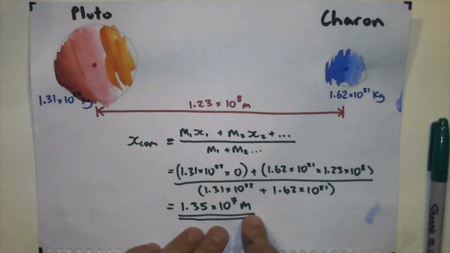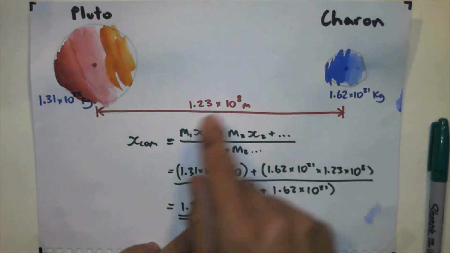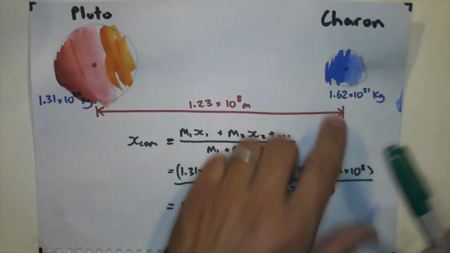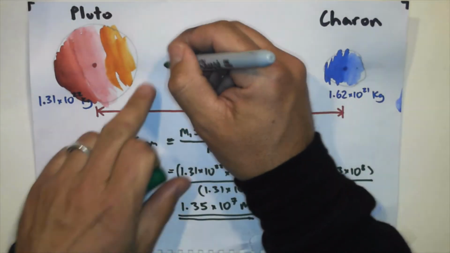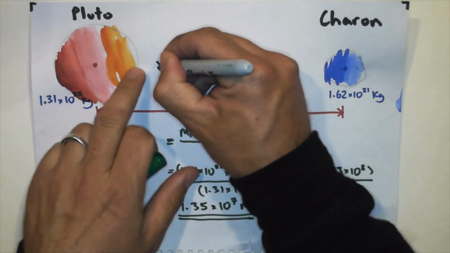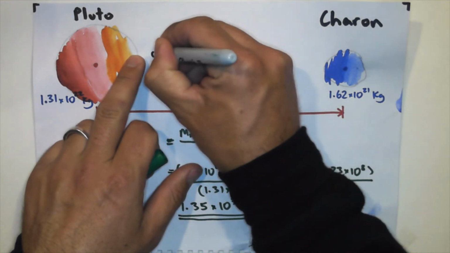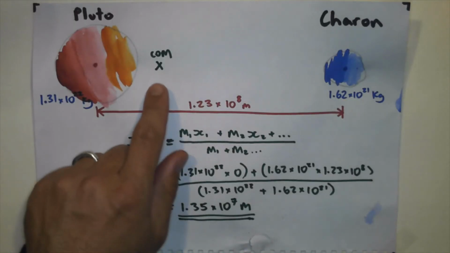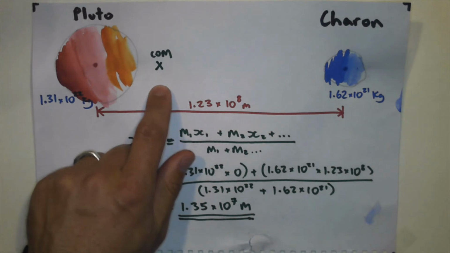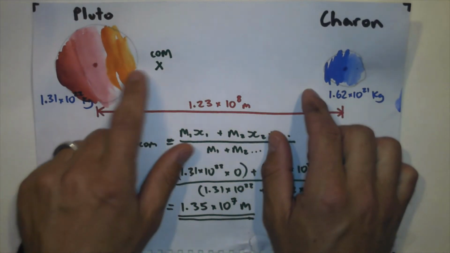And this distance is about 10% of the way from Pluto towards Charon. Now I'm just going to exaggerate this a little bit, and say that the center of mass is out here. What's interesting about this center of mass is that it is outside either of the two objects in the system.